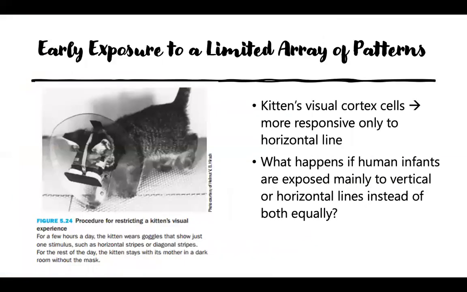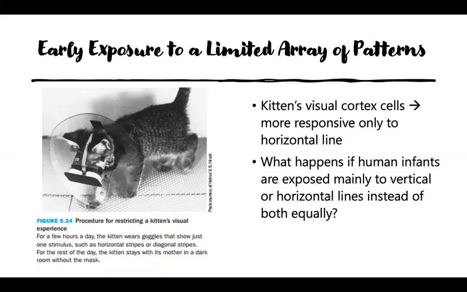And continuing that discussion, what happens if early exposure is limited to certain patterns? What the researchers did to this kitten is cruel, actually. A kitten spends its entire early sensitive period wearing goggles with horizontal lines painted on them, as you can see in this figure. And it turns out nearly all its visual cortex cells become responsive only to horizontal lines.